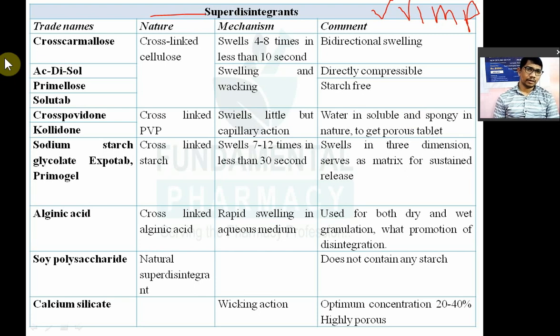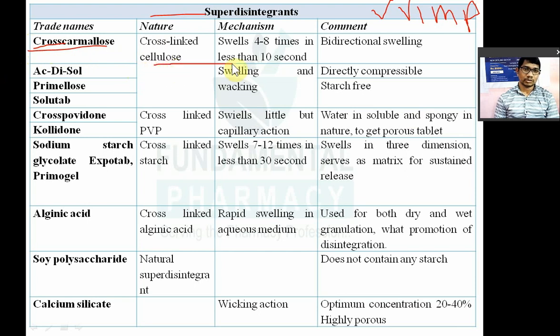First one is croscarmellose sodium. क्रॉस लिंक्ड सेलुलोज डेरिवेटिव है. देखो नाम में रखा है, आप बोलते हो नाम में क्या रखा है? क्रॉस मतलब क्रॉस लिंक्ड, और लोज मतलब सेलुलोज.